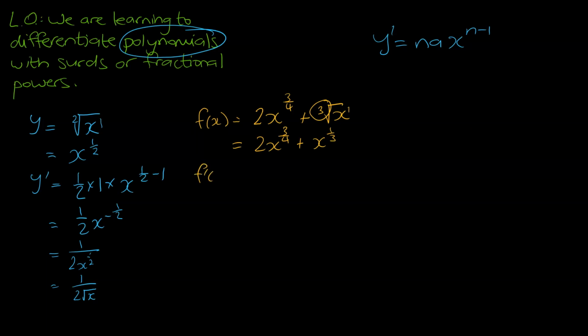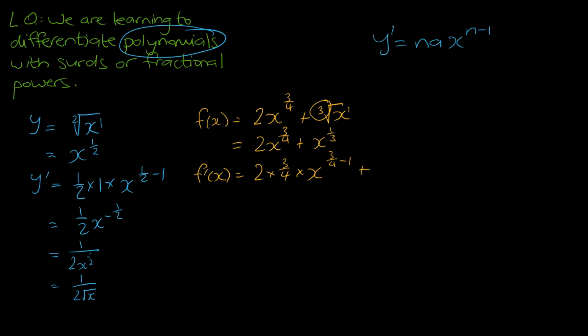Let's look to differentiate using our equation. So a times n, well, that's going to be 2 times 3/4, and that will be multiplied by x to the power of 3/4 minus 1. We're then going to add and then differentiate the second part.